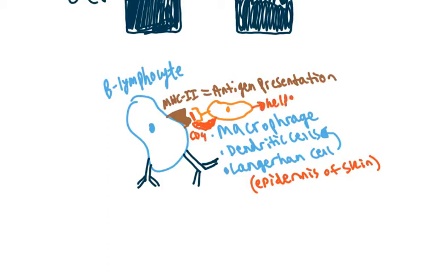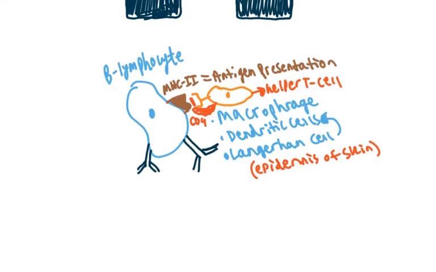So MHC-II complex is really good for the interaction between a helper T cell and a B lymphocyte, or a helper T cell and a macrophage, or a helper T cell and a dendritic cell.